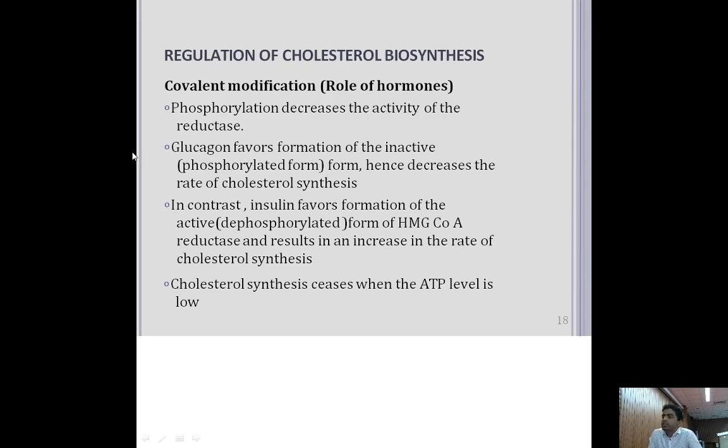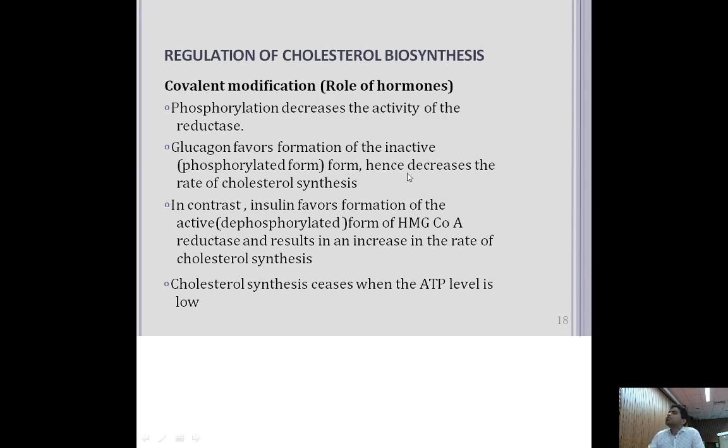Whatever you eat, smaller molecules in your diet, normally insulin will try to make a complex molecule from that and store it. So that's why insulin is an anabolic hormone, and glucagon breaks down the complex molecule in the body to a smaller molecule and increases the level of that smaller molecule in the circulation. So glucagon is known as a catabolic hormone.